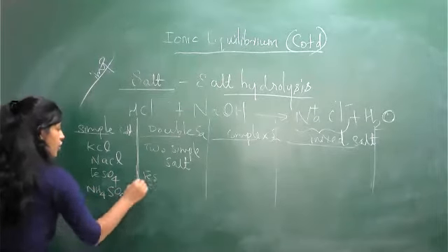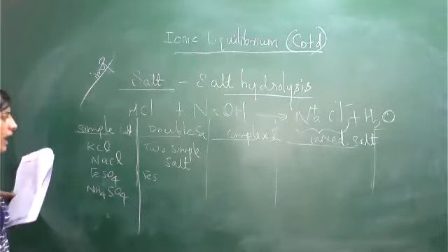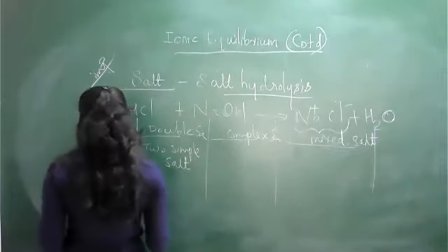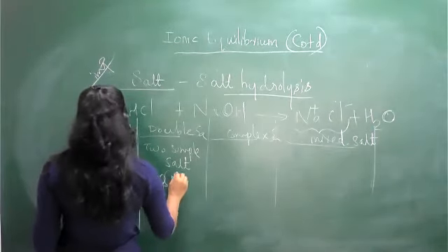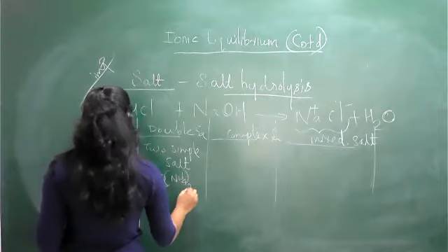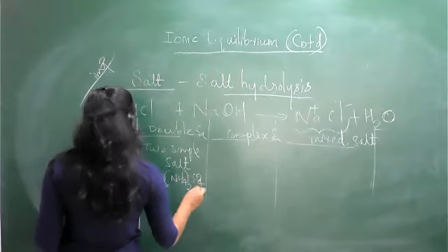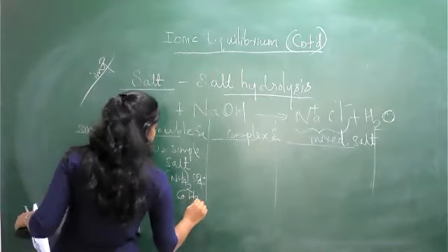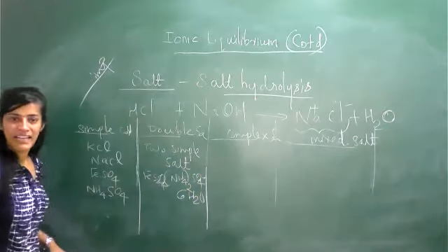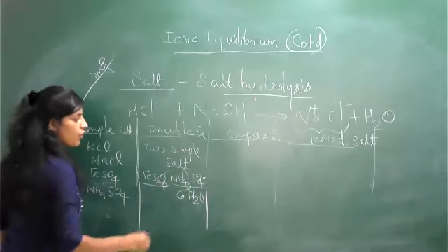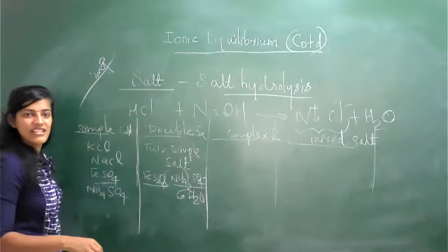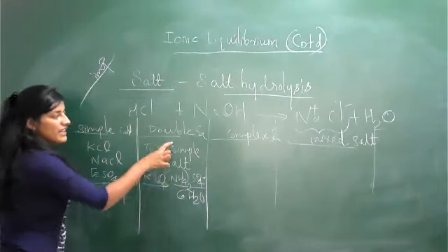Ammonium sulfate is also a simple salt. Combining them gives a double salt, for example FeSO4.(NH4)2SO4.6H2O. Ferrous sulfate is a simple salt, and (NH4)2SO4 is another simple salt. Their combination gives the double salt.